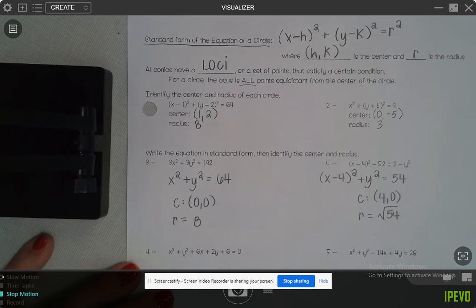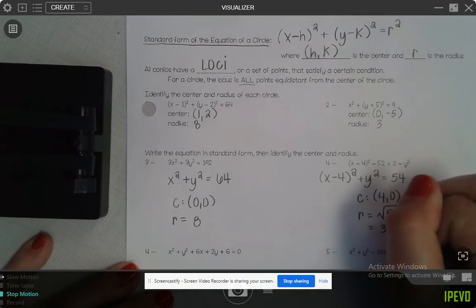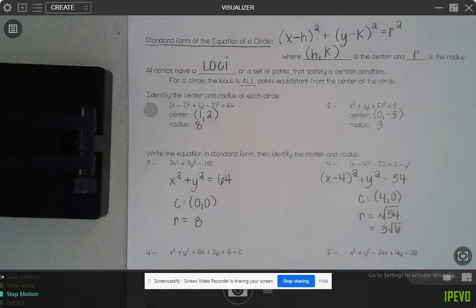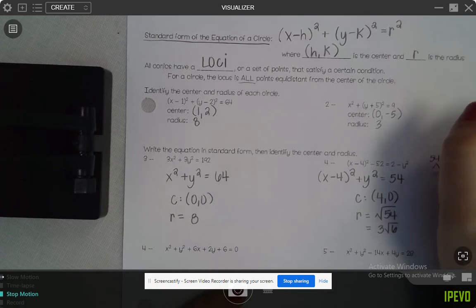No. That is 3 radical 6. How'd you get 3 radical 6? You just divide it by 3 a bunch, and then you have 3. Sure, or you know that 9 goes into 54 6 times. You got it. That's when you have to do your factor tree. Remember when we did this?